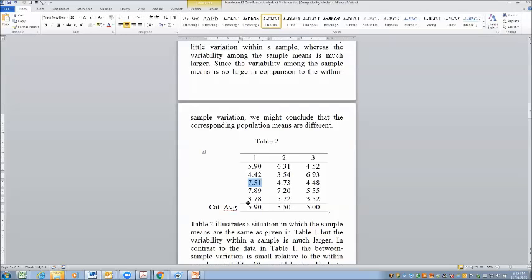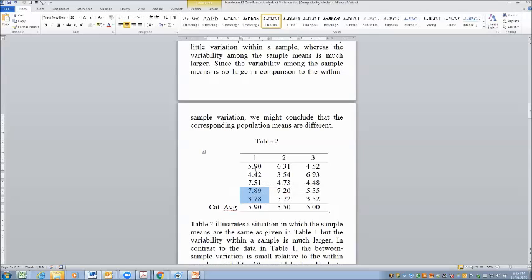A difference of 0.5 tons does not seem like nearly as significant of a difference because the spread of the numbers here is so much greater, right? We have a range of 3.5 or actually 4 tons here between the low and the high. So a change of 0.5 tons between these averages doesn't seem significant.